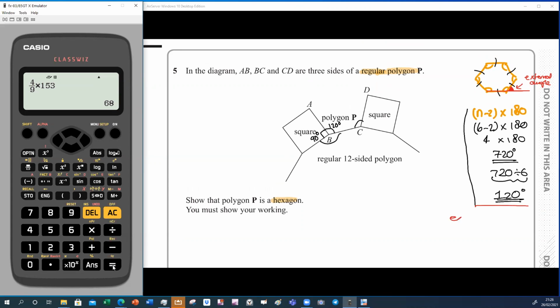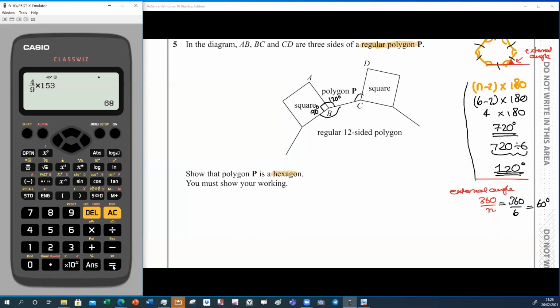So how do you work out the external angle? What is the external angle? 180 minus the one that's inside. The external angle is always 360 divided by n. No, yeah, what you're saying is right, but we don't know the internal one. I'm just saying if you're starting from the beginning. Okay, so you do 360. If you divide it by 6, what will that give us? 60. 60.